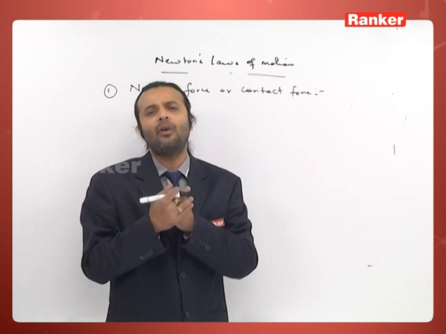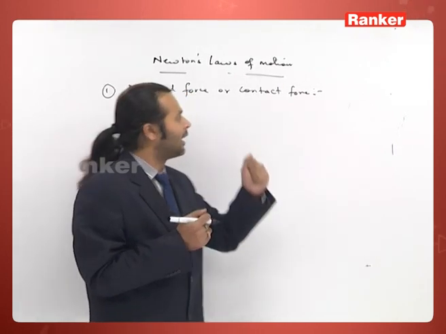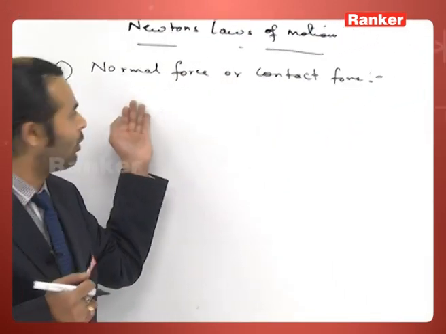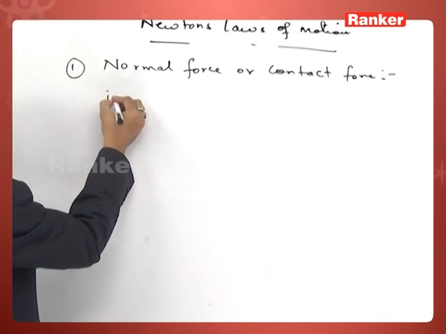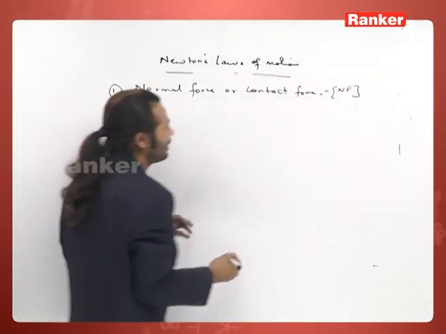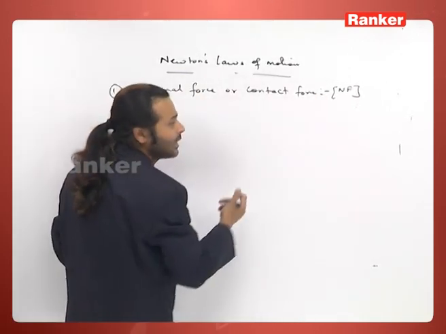Any kind of contact between any two bodies, a force arises known as contact force or normal force, and generally I will write this as NF, normal force. To make things simpler, I use NF.